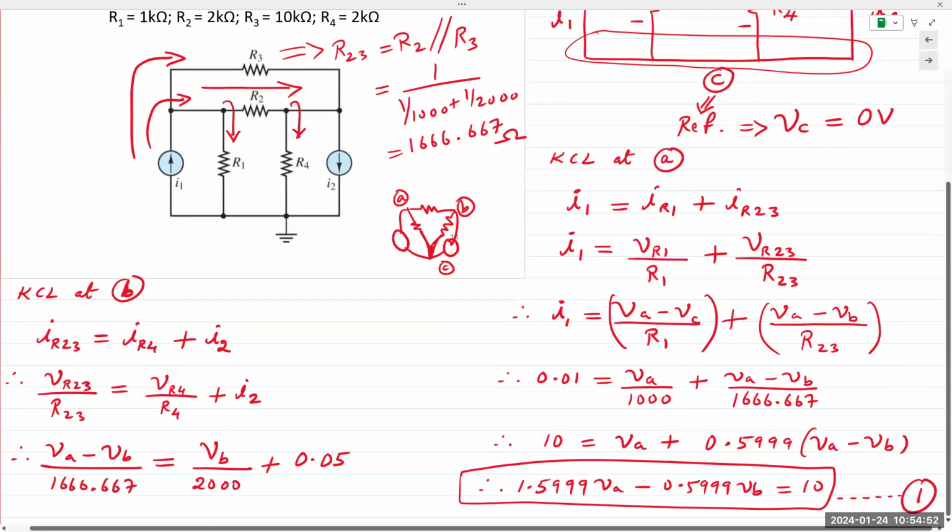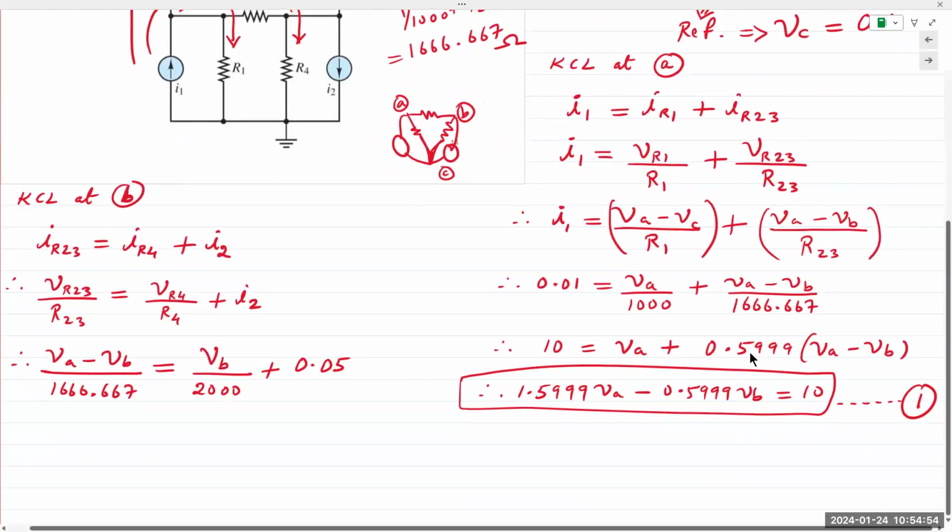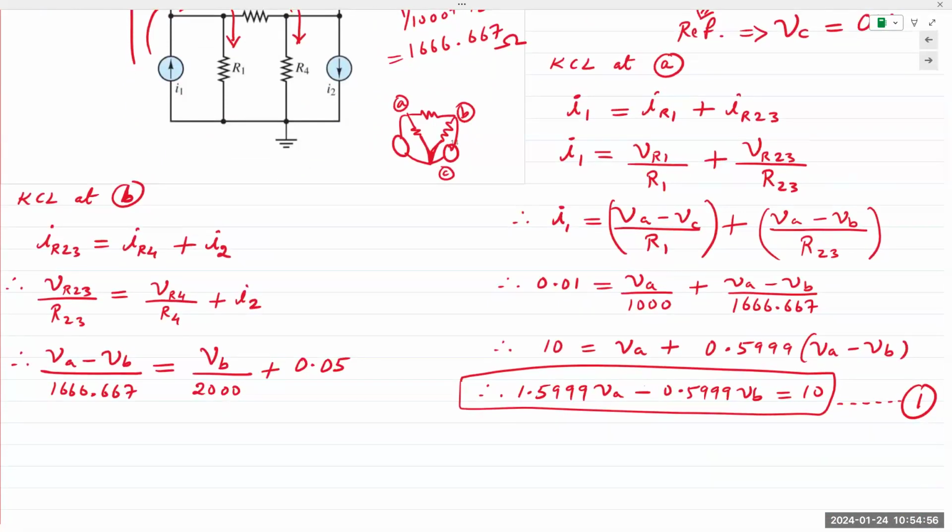Multiply everything by 2000 and I obtain, what do I obtain? 1.199 VA minus VB equals VB plus 100.